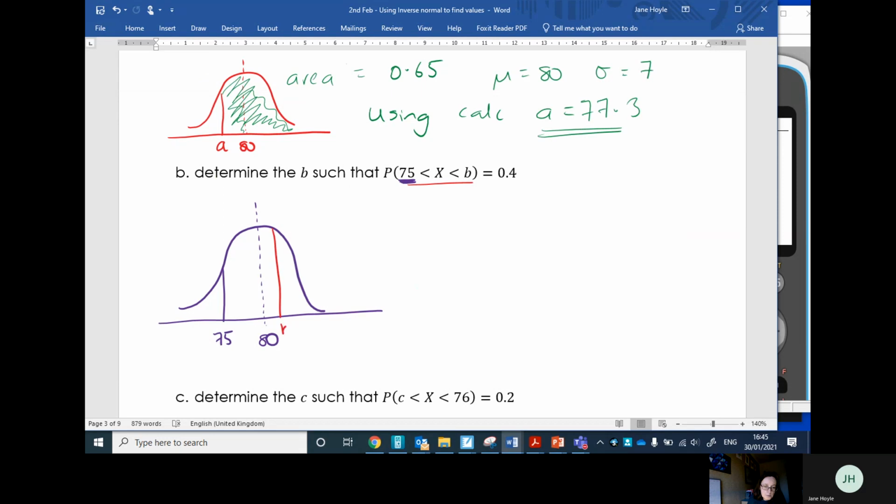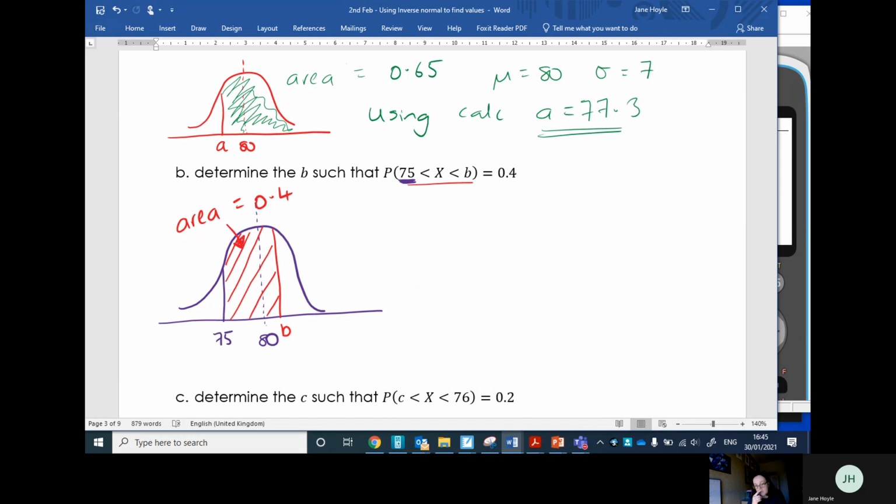So I'm going to put my B on there, and then I want this red area here to equal 0.4. Now, if we look at our options on our calculator, sorry, let's just write first. I want that red area to be 0.4.